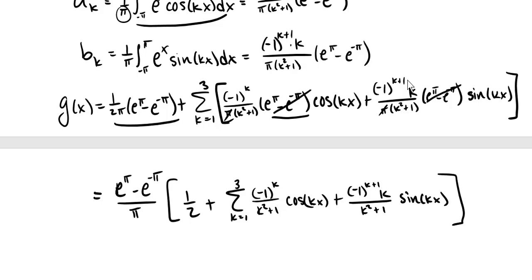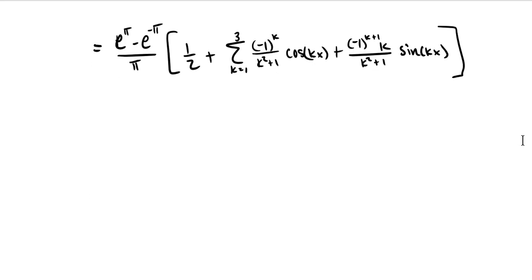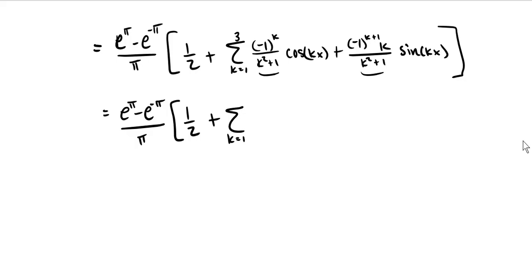Looks like I've got this. And notice what I can do here. There's a lot in common to these two terms inside the sum. I can simplify this a little bit. Looks like I've really got... well, you could do this from here any way you like. I'm just trying to simplify how I see fit.